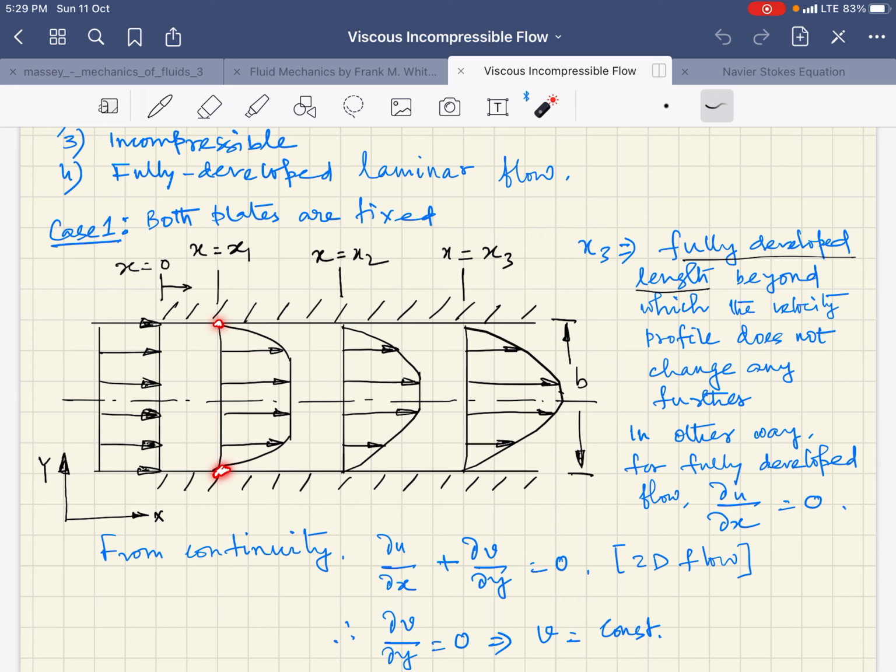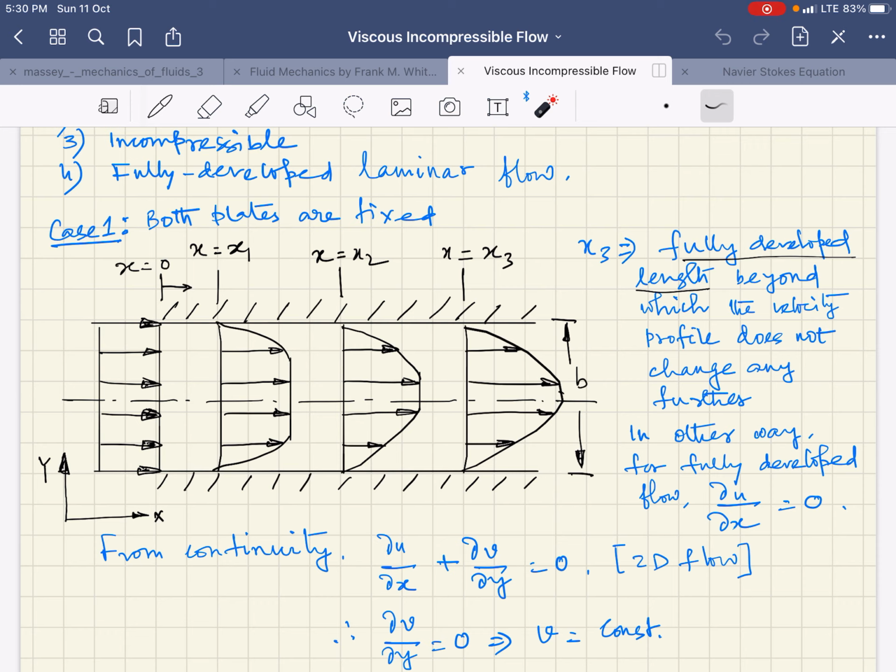So there must be a gradient, from 0 velocity to the maximum velocity, along which the velocity of fluid particles will vary like this, and there will be interaction in terms of the viscous effect, or due to this viscosity, it will basically change the velocity profile.